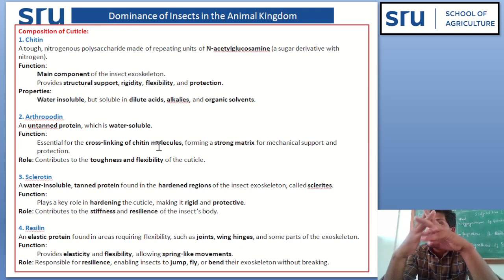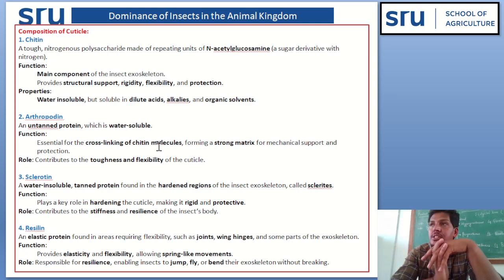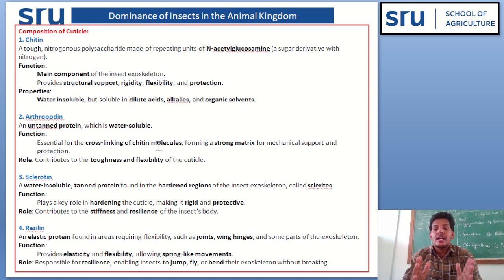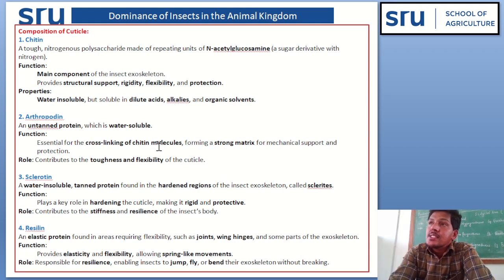Chitin molecules are cross-linked by this arthropodin only. It forms a strong matrix for mechanical support and protection. It contributes to the toughness and flexibility of the insect cuticle.